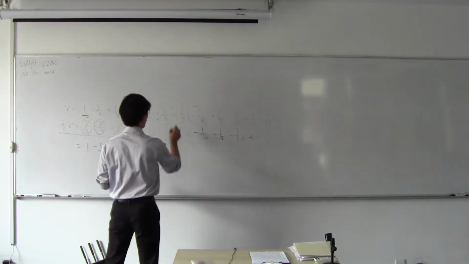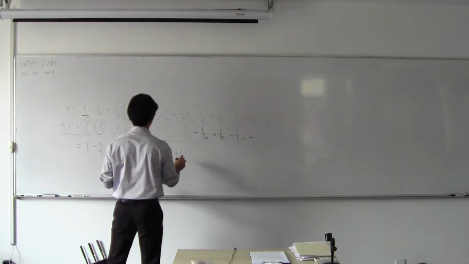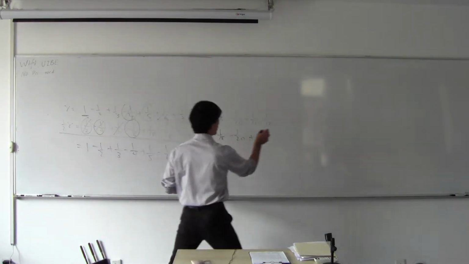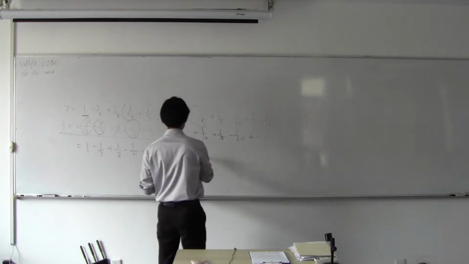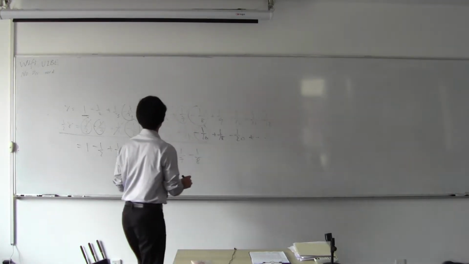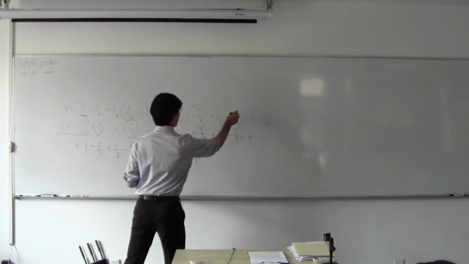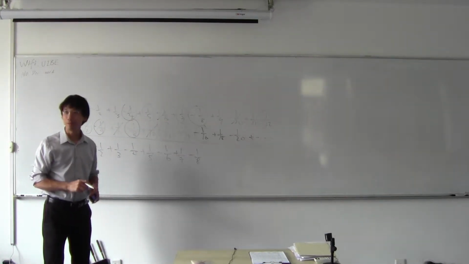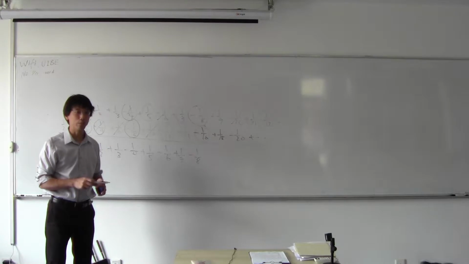I have a plus a seventh here, so I keep that. I have minus a sixteenth, and over here minus a sixteenth, so I say minus an eighth. And the tenths cancel off, and so on and so forth. Anyone disagree with what I'm doing? Does anyone have any trouble with that?